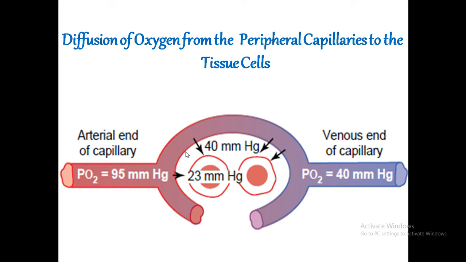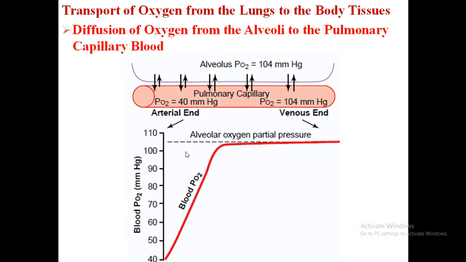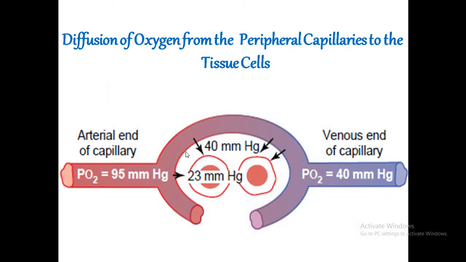So I would like to show you again the same diagram. This is the diagram to show you the diffusion of oxygen from the alveoli to the pulmonary capillary blood, that is at the alveolar level, and this one is at the tissue level. So you must be clear what the question is, and accordingly you should answer.